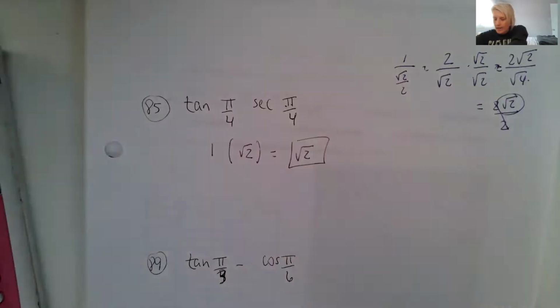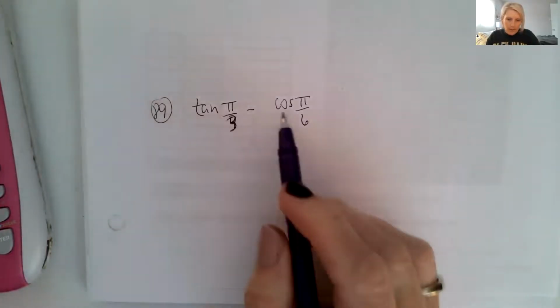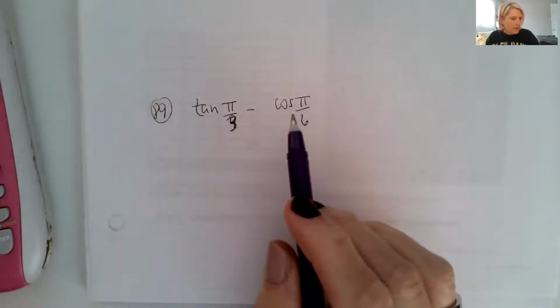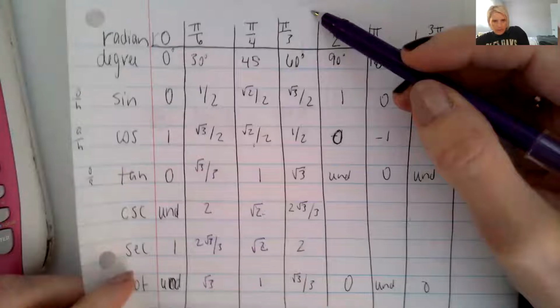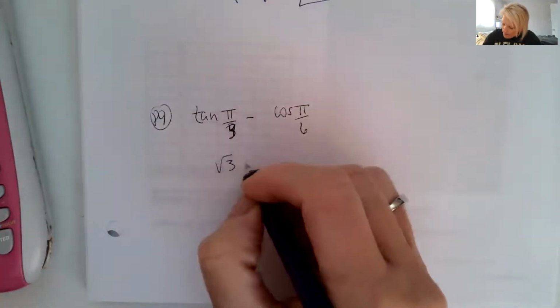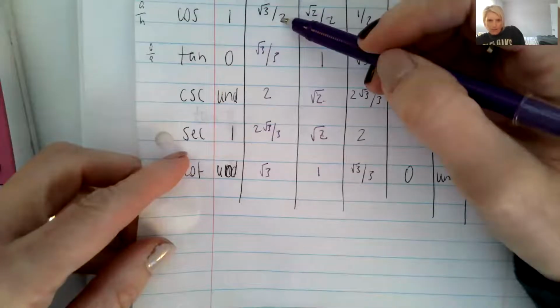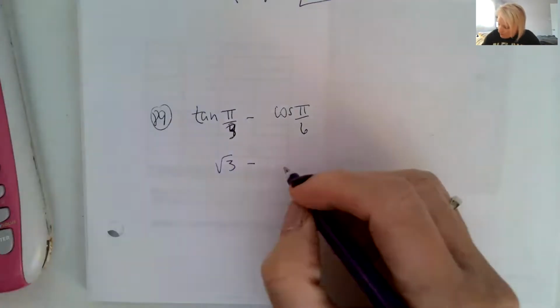And then 89 says, let's find the tangent of pi over 3 minus the cosine of pi over 6. Tangent of pi over 3 is the square root of 3, subtracting the cosine at pi over 6. Cosine at pi over 6 is the square root of 3 over 2.